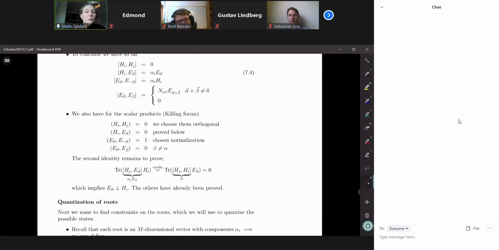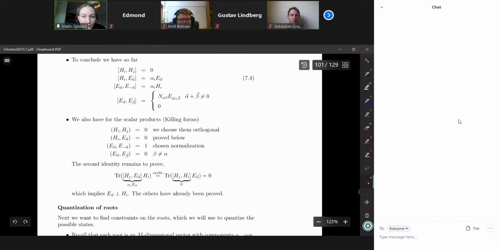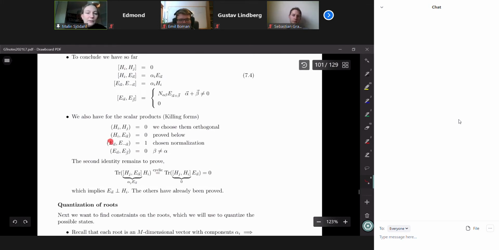Then we also have for the scalar products, or the Killing forms, that the trace in the adjoint representation of H_I with H_J is 0, so we chose them to be orthogonal. We have actually that H_I commuted with E alpha, that I should come back to down here.